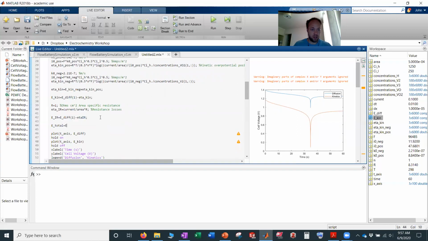That's just going to be E diffusion minus eta from the kinetics minus eta from the IR.